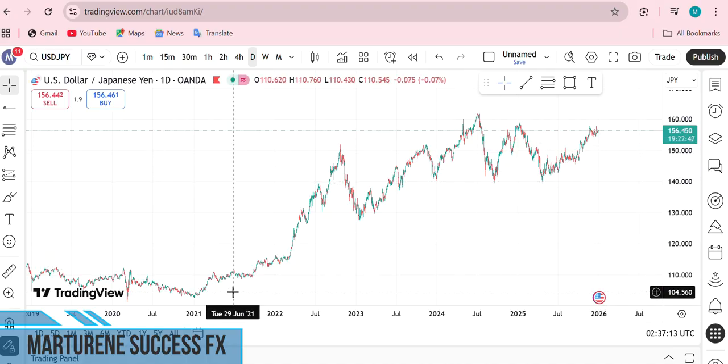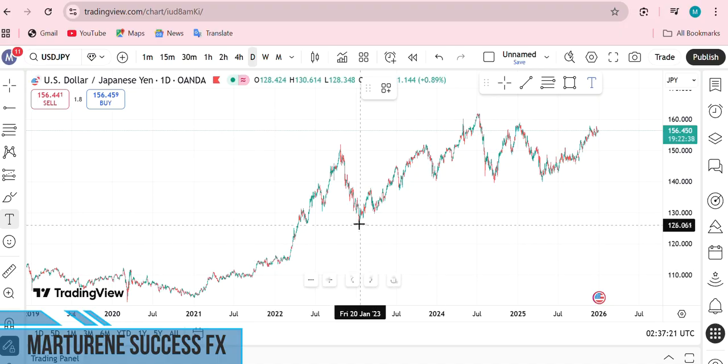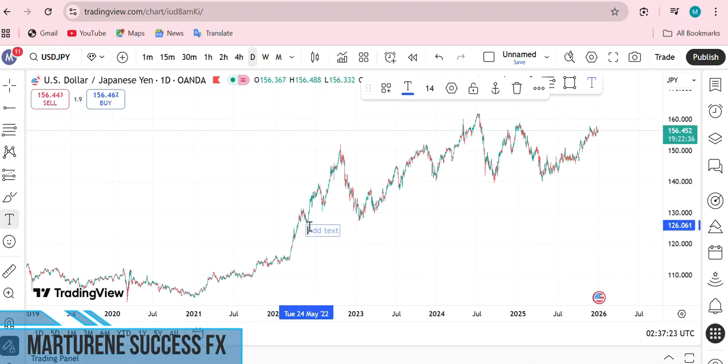As you can see, the market has been going up, and as I said, the lowest point reached is what we call support, and the highest point reached is what we call resistance.